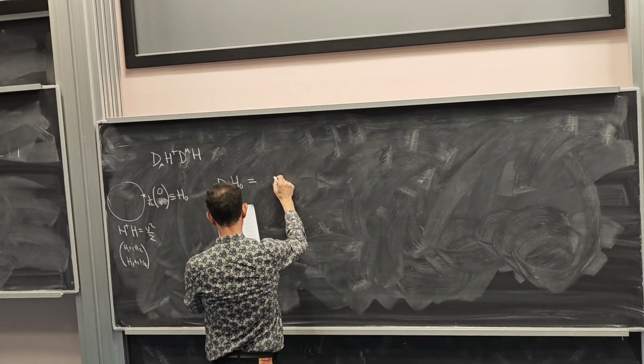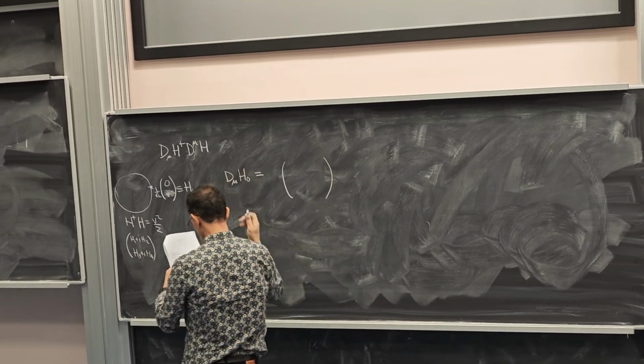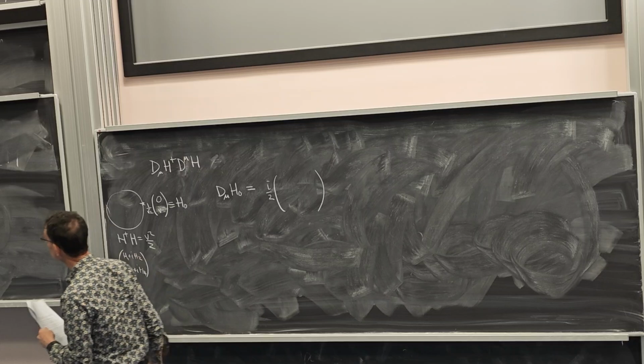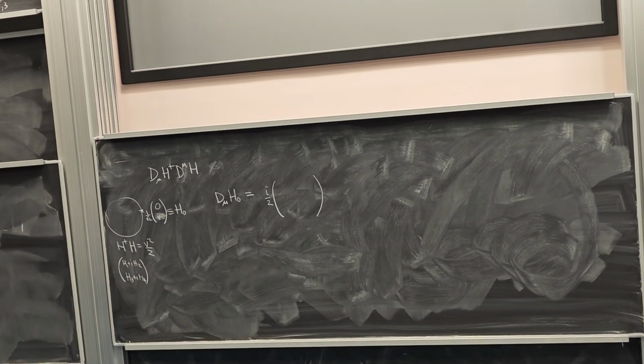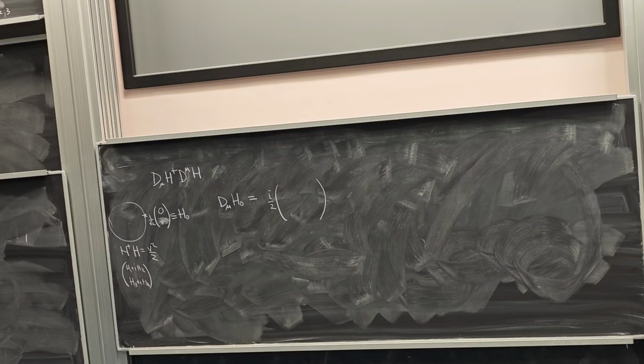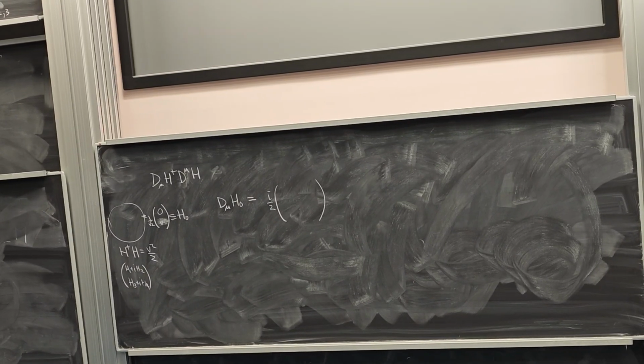That's equal to, so let's write it as a 2 by 2 matrix. It's I over 2. So I'm just taking that formula there. Hypercharge of the Higgs field is half. So I've got g_Y over 2.